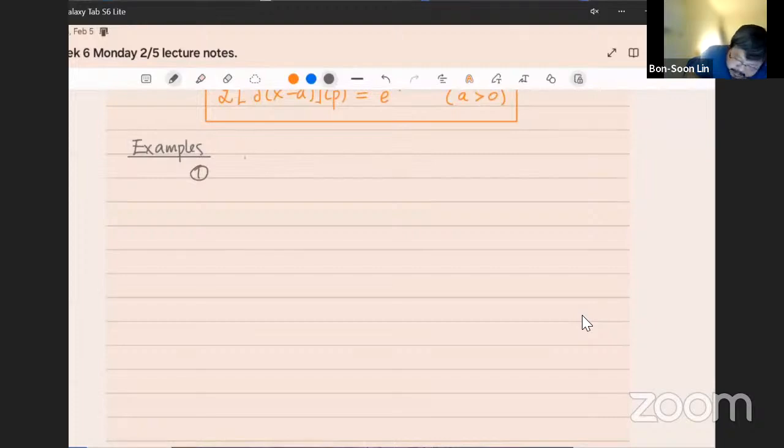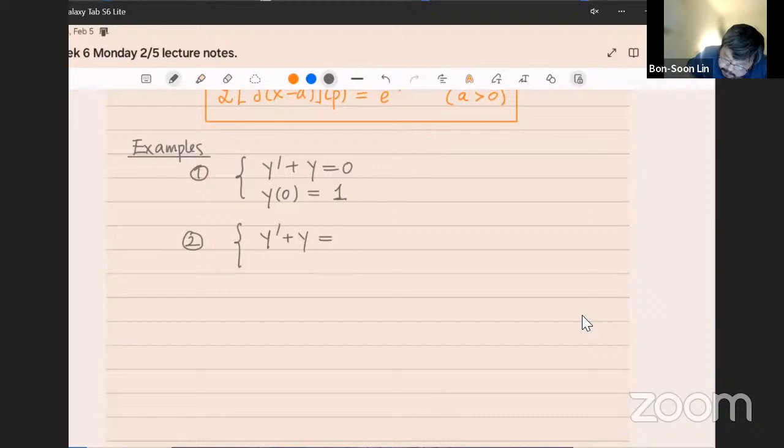So the first one is this initial value problem: y prime plus y equal to 0, and y of 0 equal to 1. Very simple initial value problem. The second question that I want to discuss is y prime plus y equal to not 0, but delta of x. Sorry. And y of 0 is equal to 1.